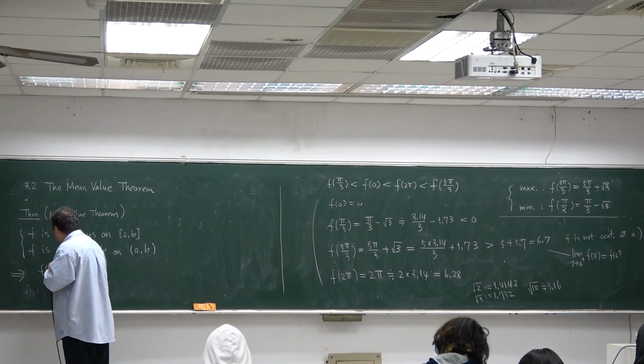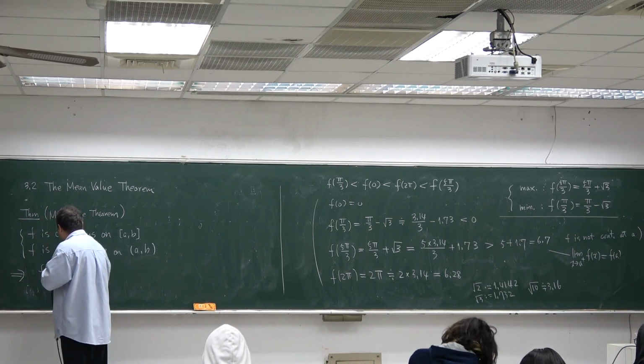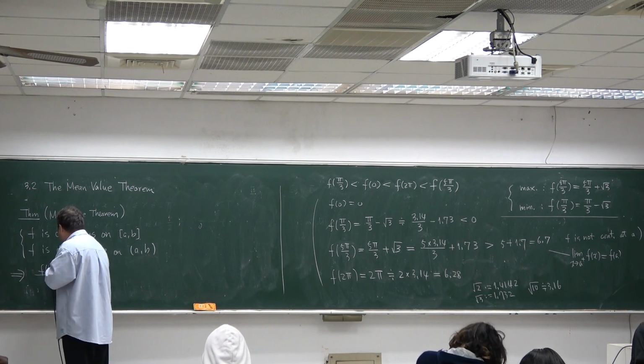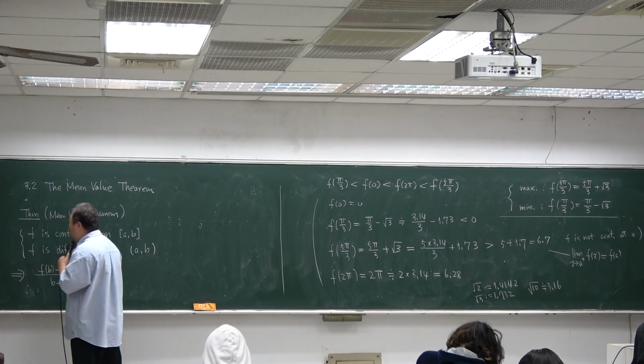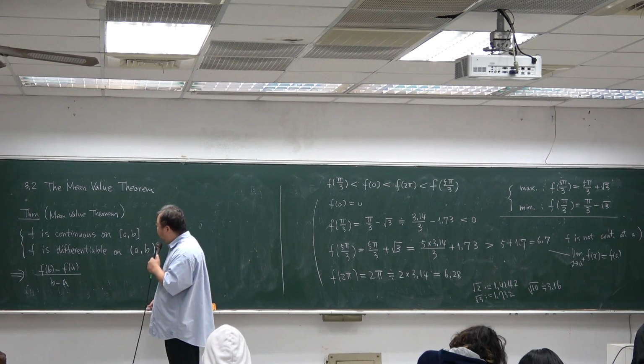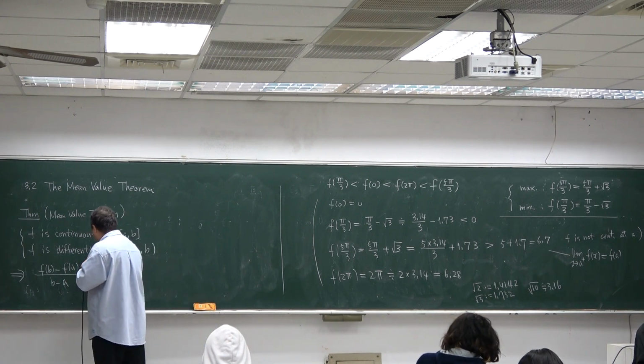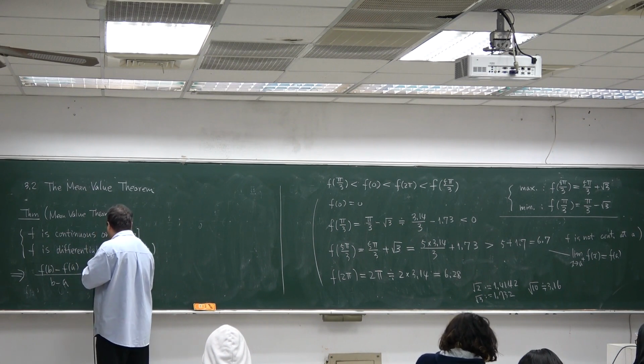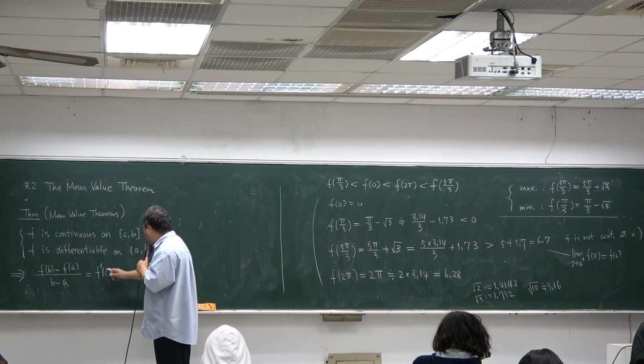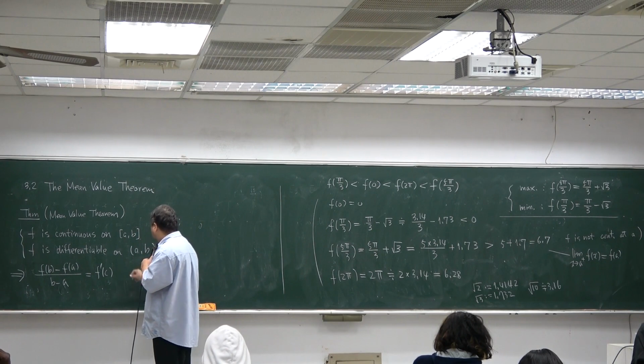f of b minus f of a over b minus a, this is the average rate of change of this function on AB, equals the instantaneous rate of change at some number c, f prime of c.